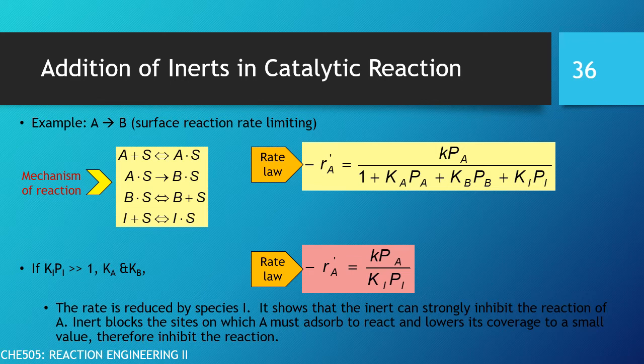First you look at the overall rate equation, A to produce B. How does it occur? Based on the mechanism of reaction, step by step: the first step is adsorption, the second step surface reaction, the third step desorption, and the last step, because the reaction involves the addition of inerts, the inert will attach to the active surface site to produce I·S. This means the reaction includes adsorption of inert.